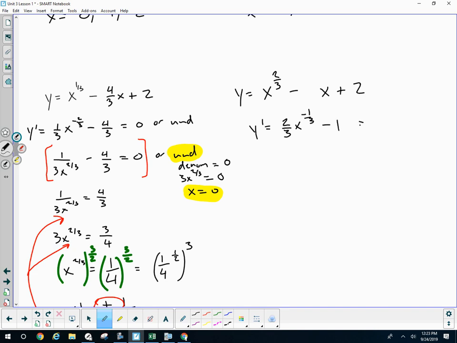But it is a situation where we do need to consider when our denominator, any denominator, equals 0.